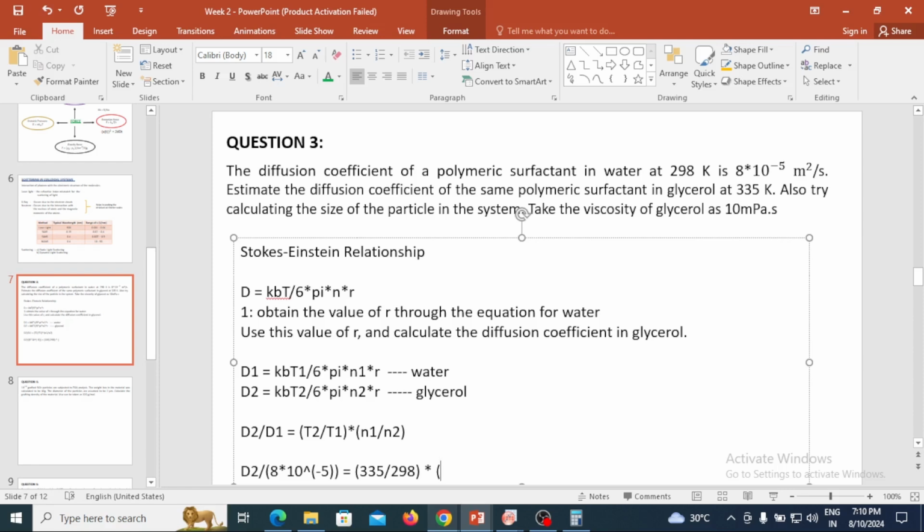So what is the viscosity of water at 298 Kelvin? Does anybody have understanding on that? What is the viscosity of the water at 298 Kelvin? Does anybody remember that value?